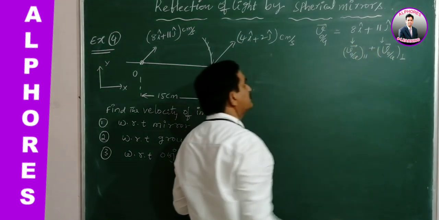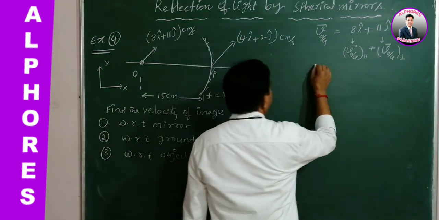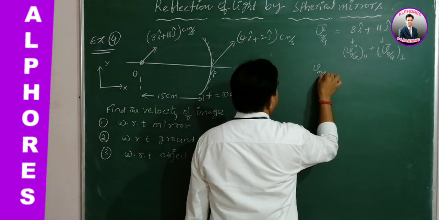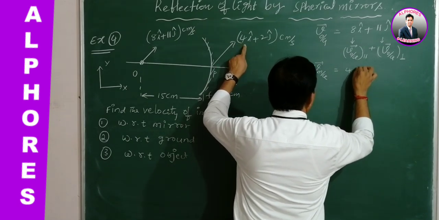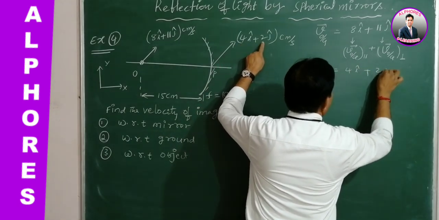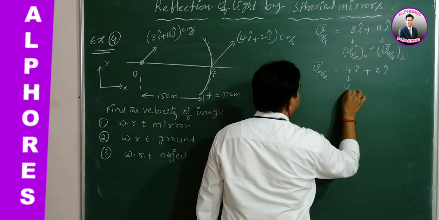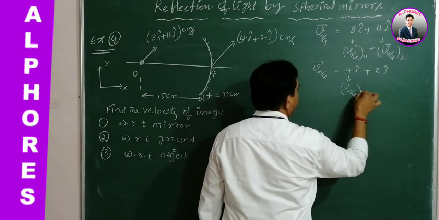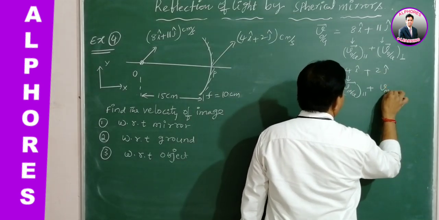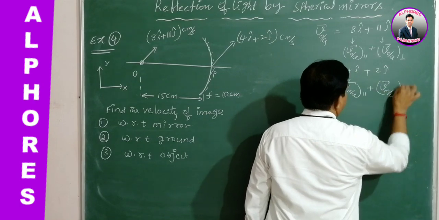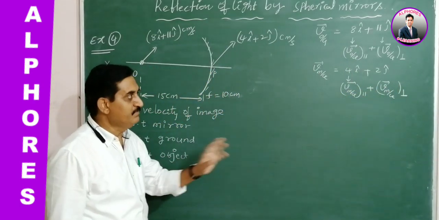That's enough. So velocity of mirror with respect to ground, again clearly given, 4i plus 2j. Now this is the parallel component, and this is the perpendicular component. Clear? Two velocities are clearly mentioned.